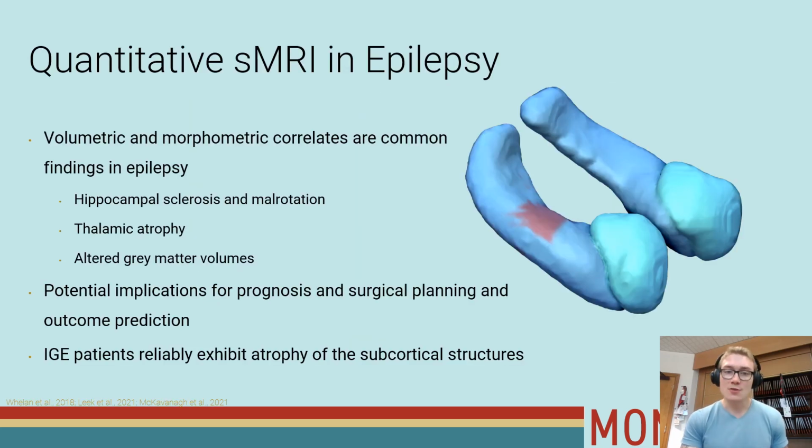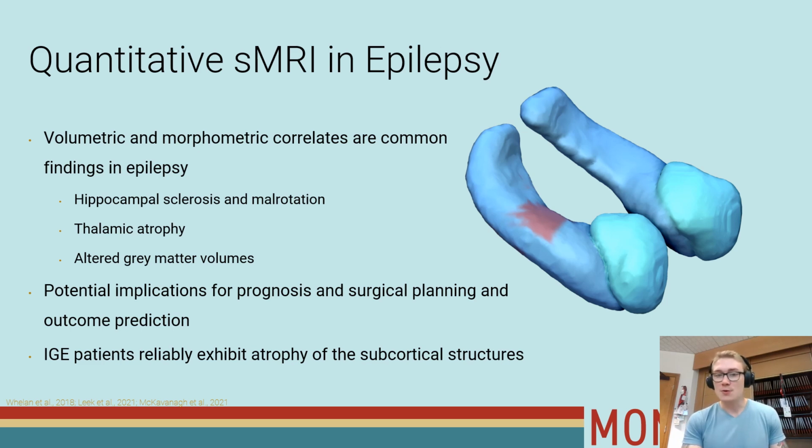So quantitative analysis of MRI can leverage increased sensitivity and group-based designs to capture information that qualitative evaluation may not be able to detect, which has been particularly informative in epilepsy research. Atrophy, or abnormal volumes, are common findings in the brains of individuals with epilepsy, both of the cortex and in select subcortical structures such as the hippocampi and the thalami.